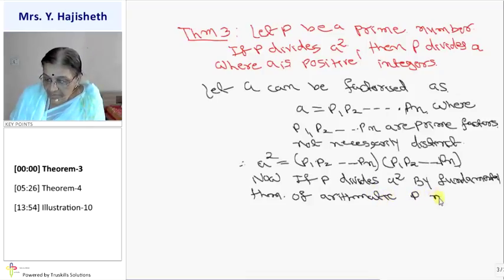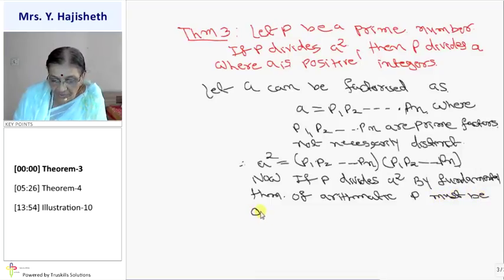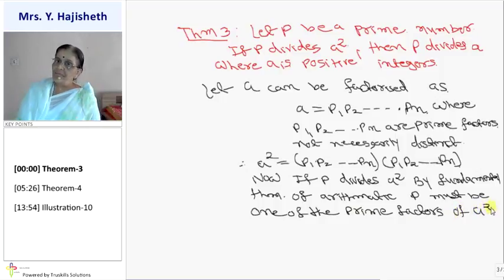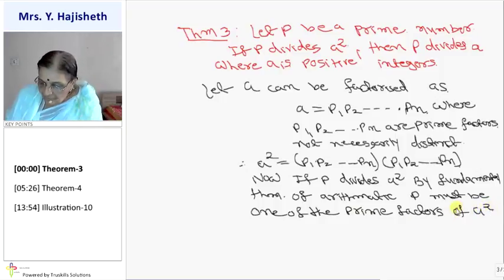P must be one of the prime factors of A square.